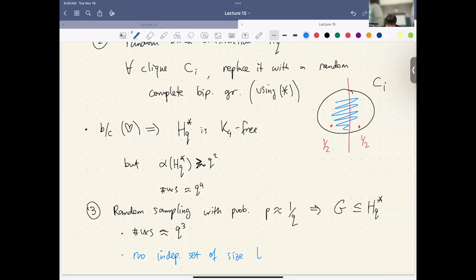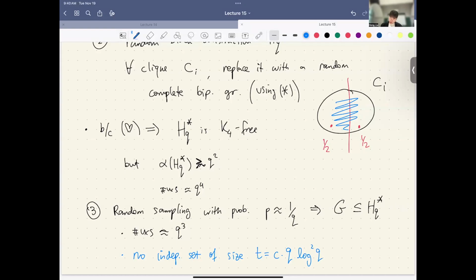Of size T, which is roughly Q, some Q log Q power, okay? If you want to see the log Q power, let me check. This is Q log Q squared, some constant, Q log Q squared.